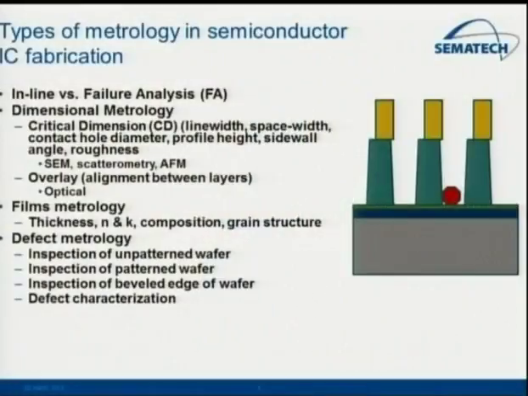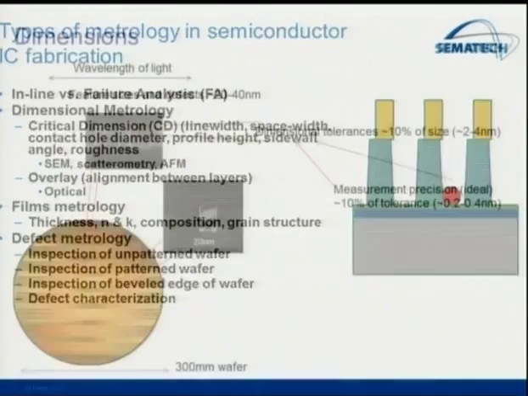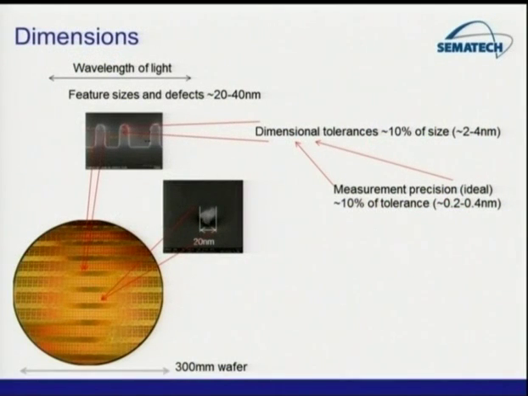So how do you inspect that, whether it's an unpatterned wafer or a patterned wafer, and then after you've found the defect, how do you figure out what that defect actually is, so that you can use that feedback in your process to figure out what caused the defect and eliminate it as a problem. There are some other categories I had thought about adding today, like in situ metrology, but at some point you just have to keep the scope reasonable.